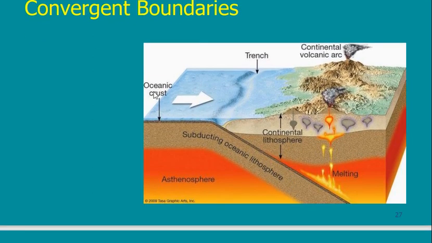And this is another description. I'm trying to gather as many photos as possible, because in each photo you will find a good feature. So putting or studying the photos together, you will find something important. So here is the subducting oceanic lithosphere.